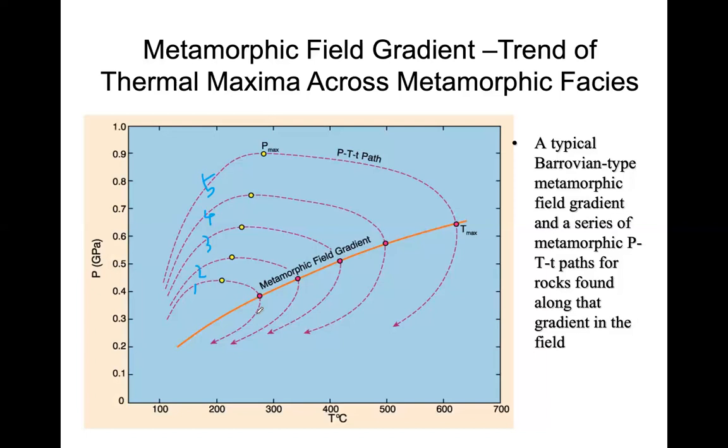So as a terrain, generally you can take one PT path. That's what you call the compression type, meaning the collision type. But of course, within the collision type you can have some local variation.